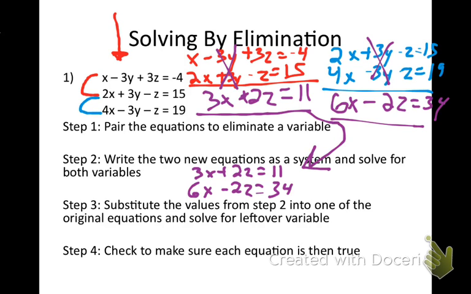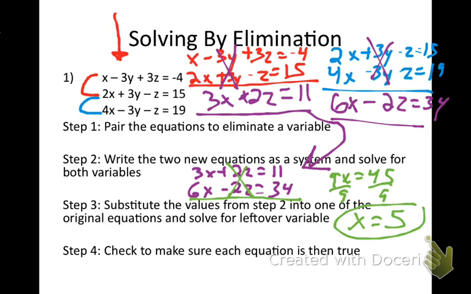From here, it's all the same type of work. What would I eliminate now, Garrett? Yeah, I would eliminate my z's, and I add down, getting me 9x equals 45. Divide by 9, and x comes out to be what, Garrett? 5. Thank you, sir. So I get x equals 5.